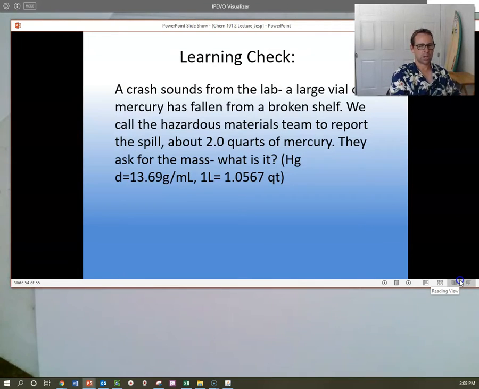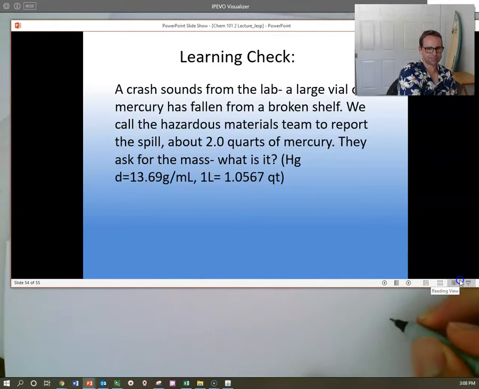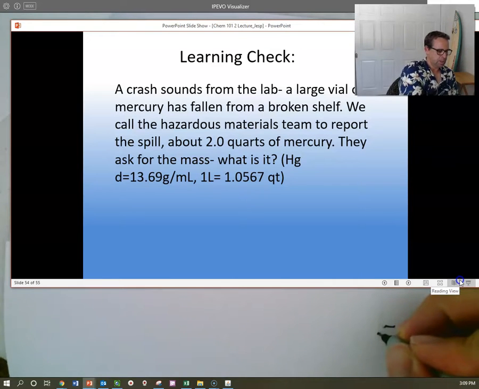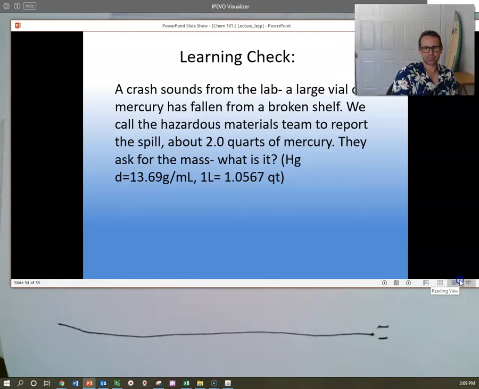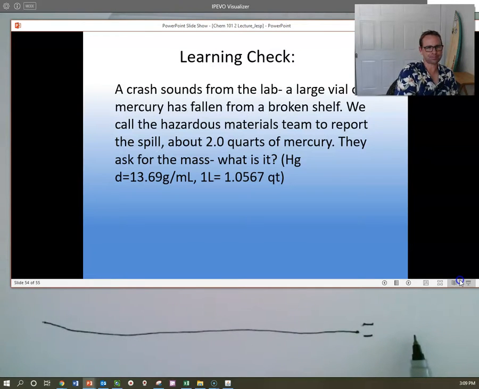All right? We start with an equal sign, right? Okay. What goes to the right of the equal sign? We're looking for the volume.